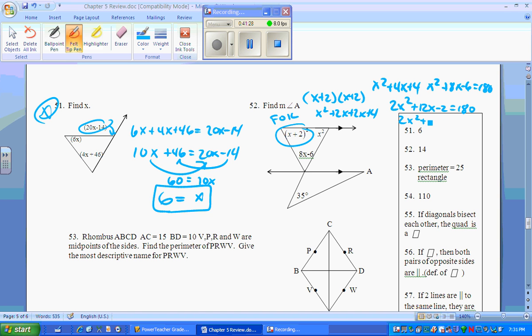So 2x squared plus 12x minus 178 equals 0. We have 2 in common, so we pull out 2, leaving me with x squared minus 6x minus whatever half of 178 is, giving you 89.